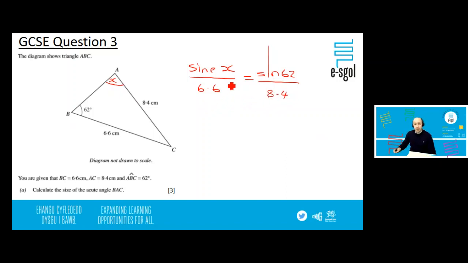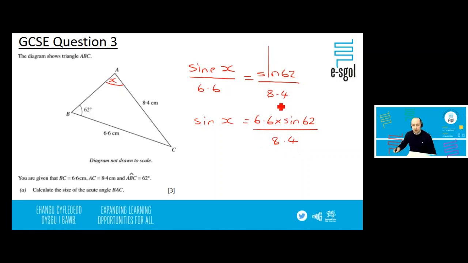Okay, now I need to get X on its own, so I'm going to move that 6.6 up. So the sine of X equals 6.6 multiplied by the sine of 62, and all of that is divided by 8.4.